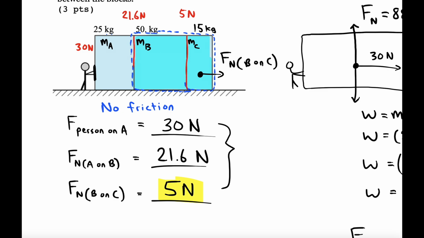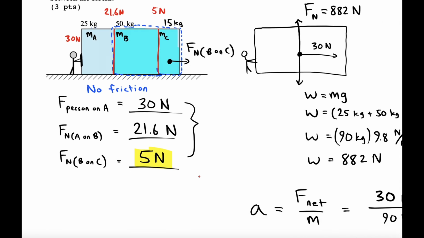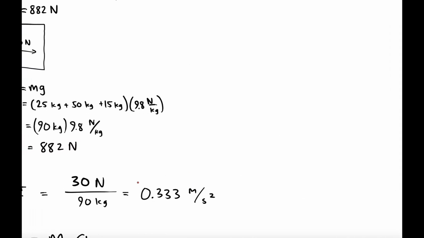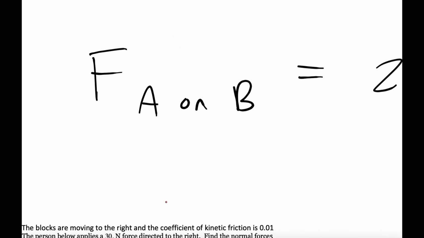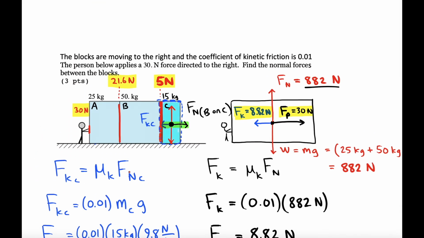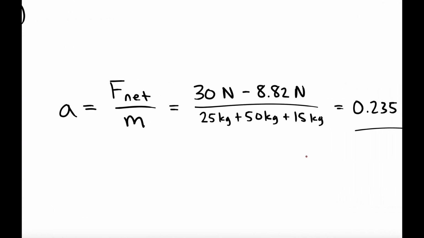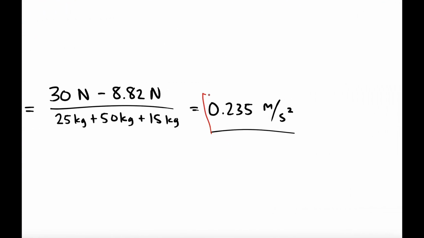But the main difference between the two problems is that here we have a higher acceleration as a result of those 30 newtons of push, because there's no friction resisting the push. Down here, the person applies 30 newtons again, but we see that the acceleration is much smaller because friction is acting against the push.